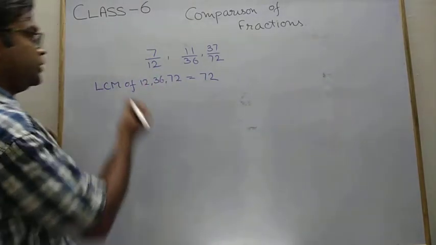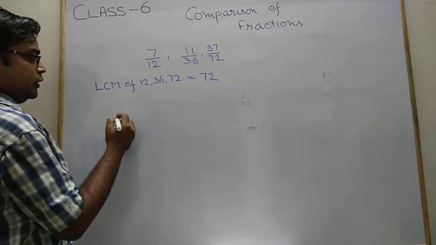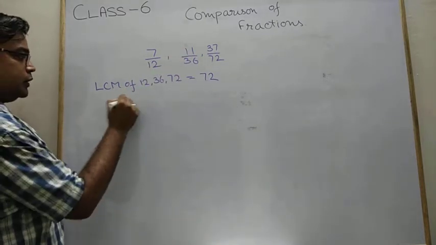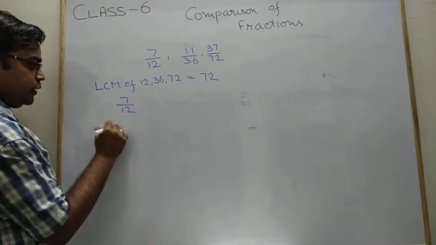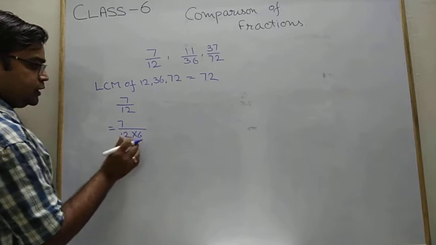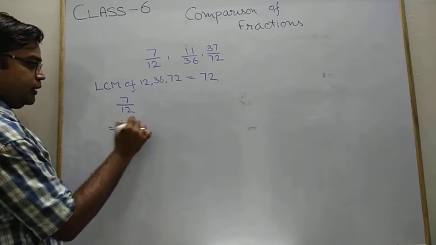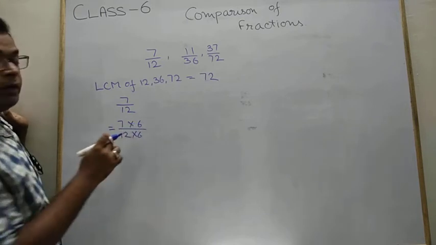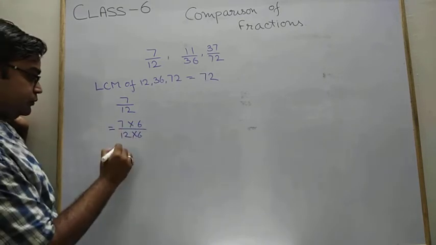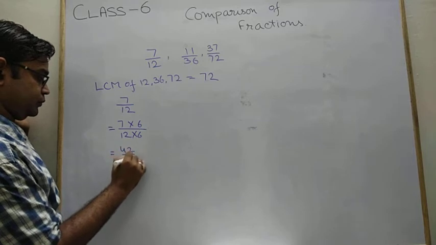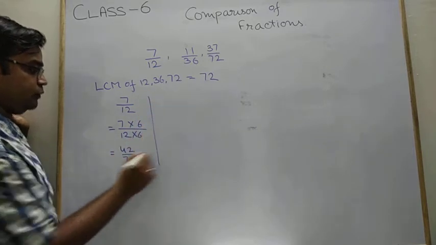Now what is the work? We convert them into like fractions. This time I am using a column so that you can easily understand. 7 upon 12: how do we convert? 12 into 6 is 72, so we must multiply the numerator with 6. 7 5s are 35, 7 6s are 42. This is the first fraction.